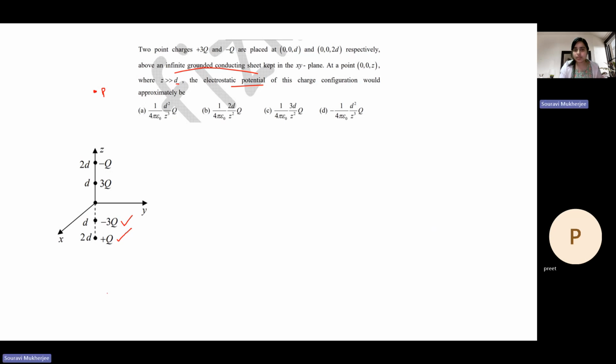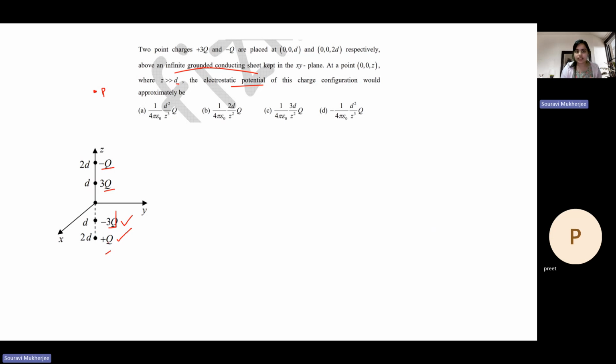So now we have to look for the second order term. What is the second order term? You have symmetrically placed pairs of charges. Basically, you have 3q and minus 3q with a distance of 2d between them. You again have plus q and minus q with a distance of 4d between them.